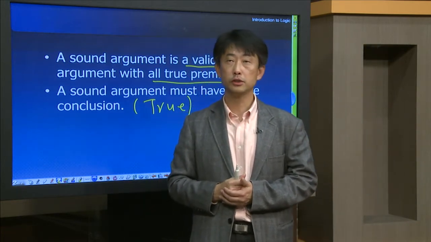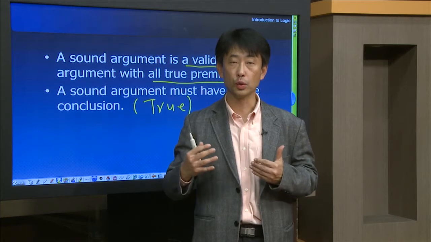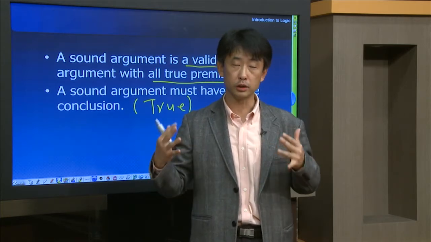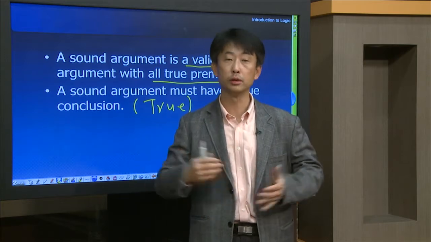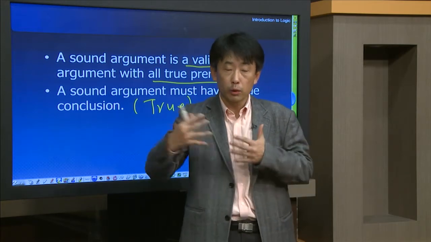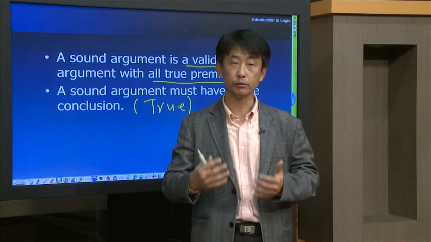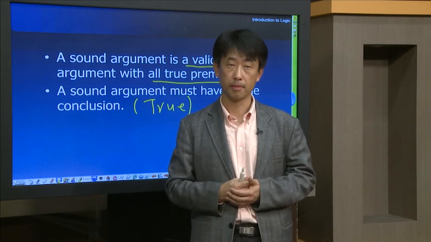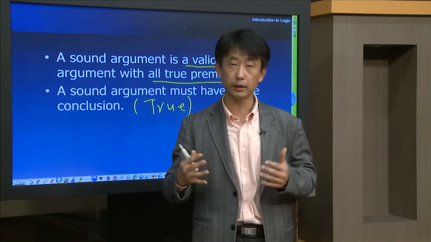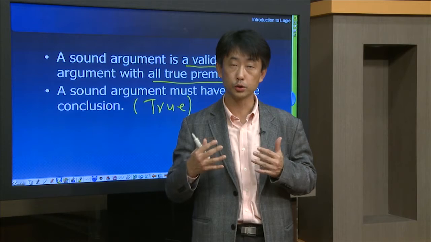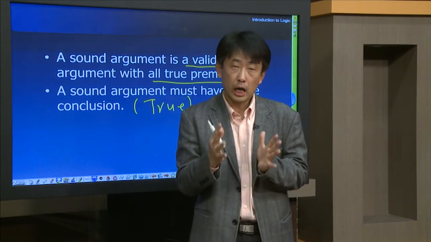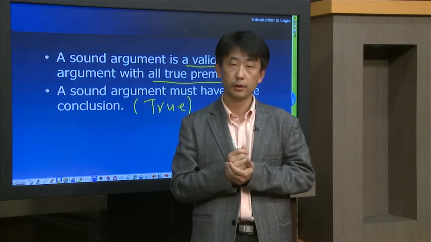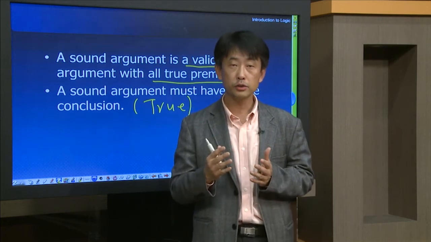A sound argument is roughly what corresponds to a good argument in ordinary language. When we say an argument is good, what we mean roughly corresponds to the concept of soundness. A sound argument is such that all premises are true. So that means the starting point is good. We start with true premises. And a sound argument is also valid.